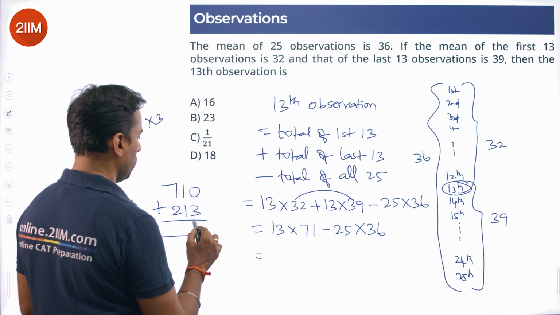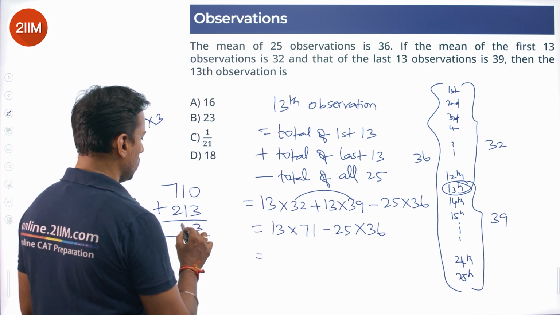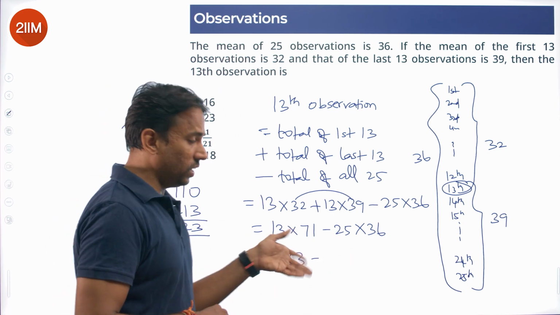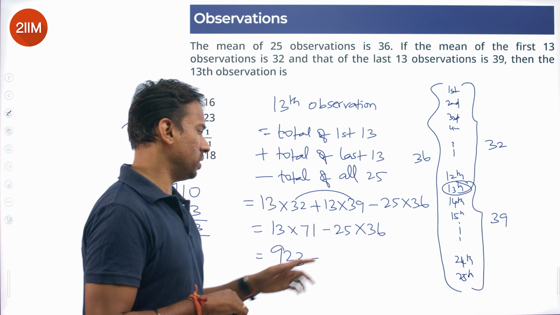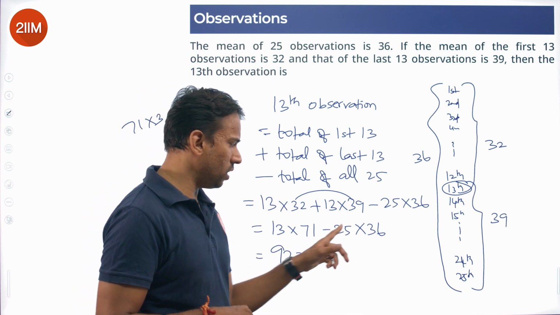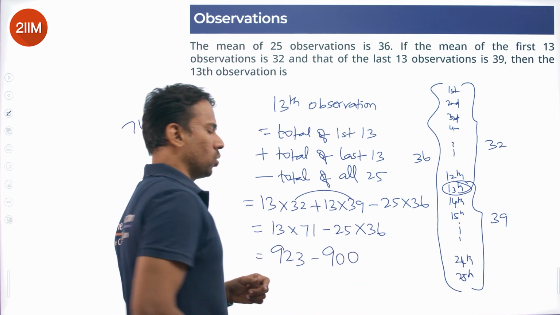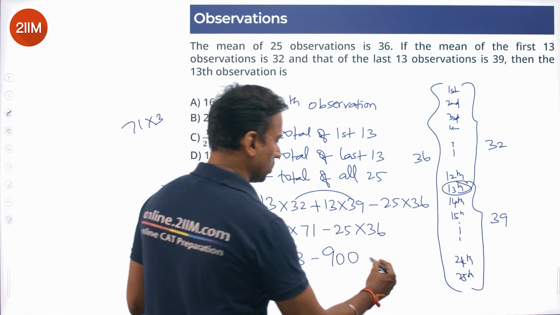So we get this to be 923. 923 minus 25 36s. 25 36s are basically 50 into 18 or 100 into 9, 900. So 923 minus 900 is finally 23.